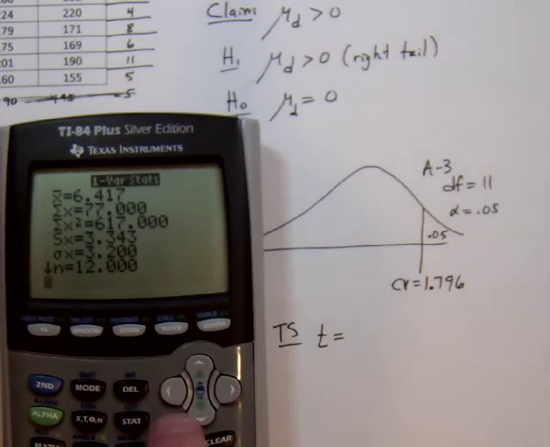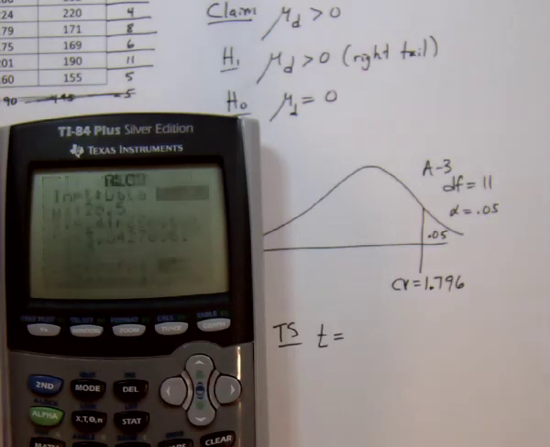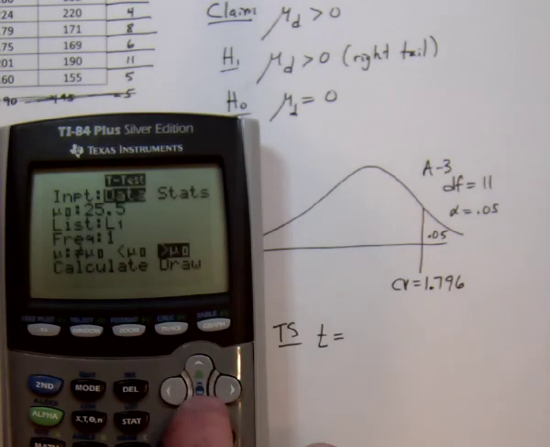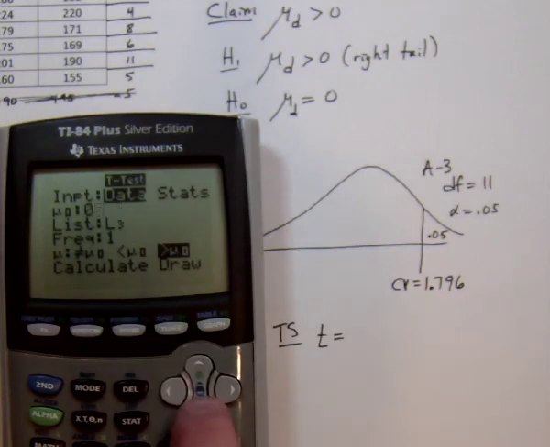So it's going to be the t-test. And what we could do is even tell it use the data that's in list 3. Or you could just type the mean and standard deviation. And then this is saying, if you look at H sub 0, what number is it? It's a 0. And then this should be pointing to the right, so that it's a right-tailed test.